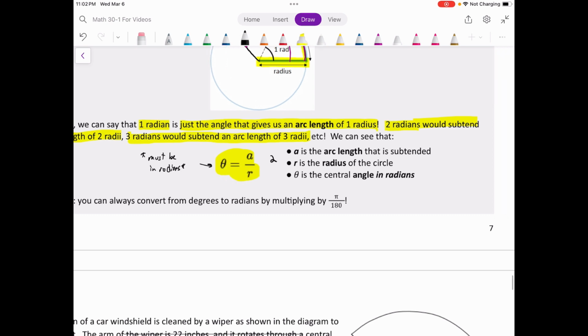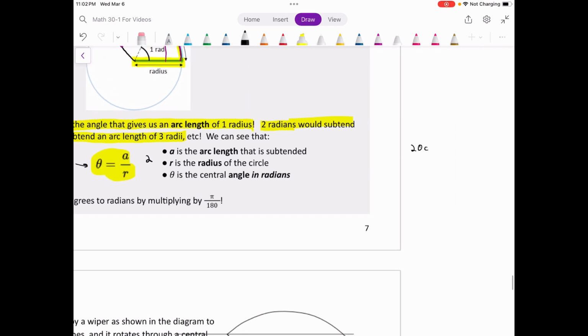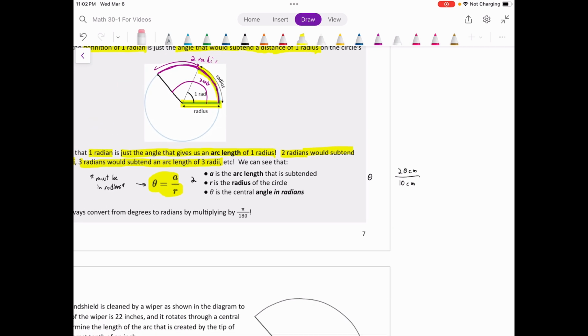So again, let's say our arc length is 20 centimeters and the radius of our circle is 10 centimeters. What angle have we gone through? Well, we've subtended an arc that's as big as 2 radii. And by definition, that means we've done 2 radians, right?